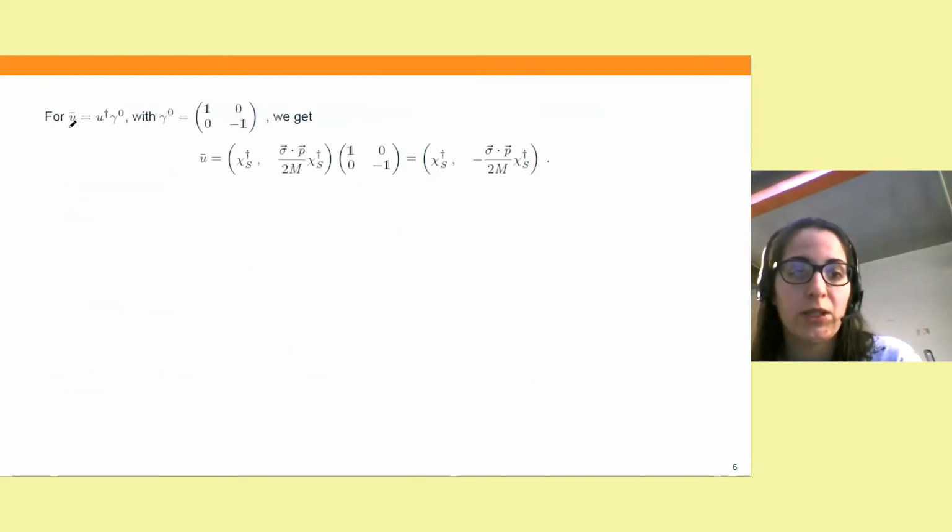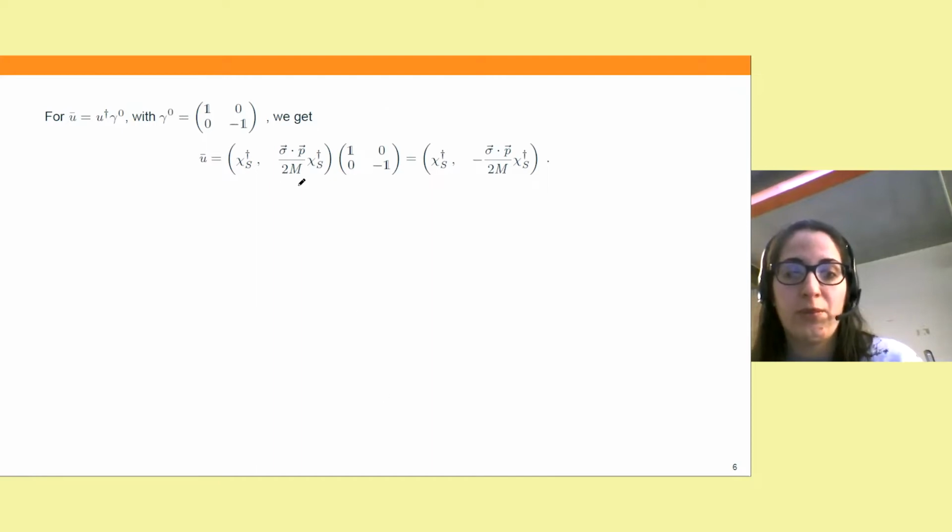So we need to compute this ū, which is simply the transpose times the gamma matrix γ^0, which is, as you know, a 4x4 matrix with ones in the first two diagonal entries and minus 1 in the second two. So we take the Dirac spinor and we transpose it.